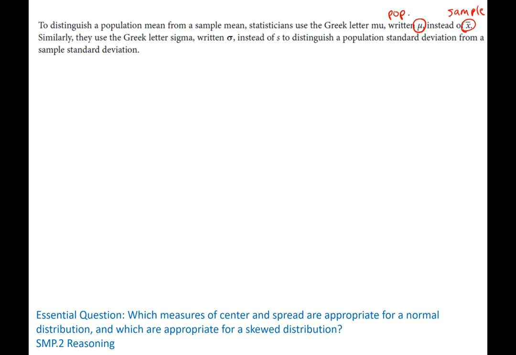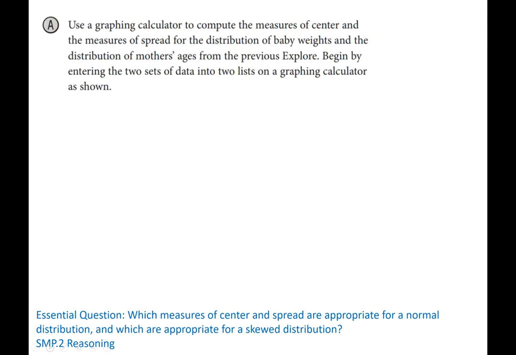Okay, and then if we go to the next one, similarly, they use a Greek letter sigma, written as this, sigma, for a population. And they use just a regular S for a sample, okay, to distinguish the two different types of deviation.